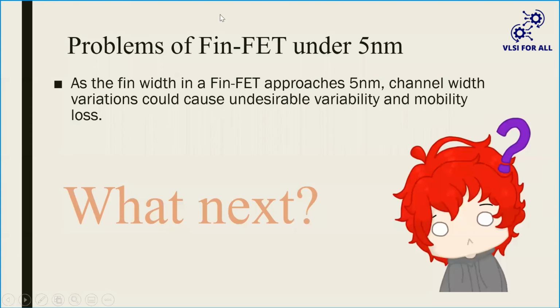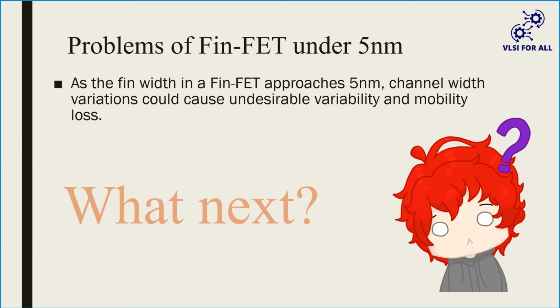So team, till 5 nanometer, FinFET worked out, but because of scaling down, we faced some undesirable effects in terms of variability, mobility and so on. That's the reason we moved again to the gate all around FET.